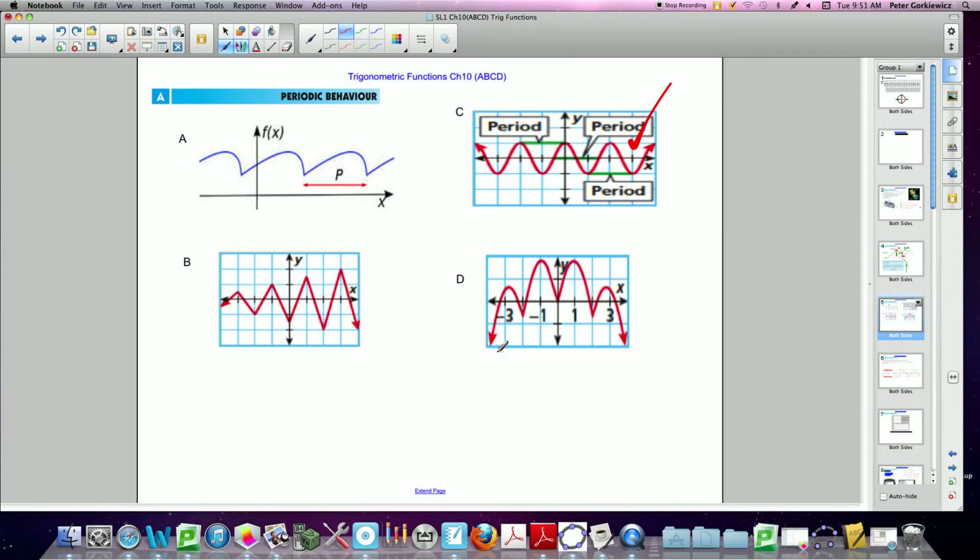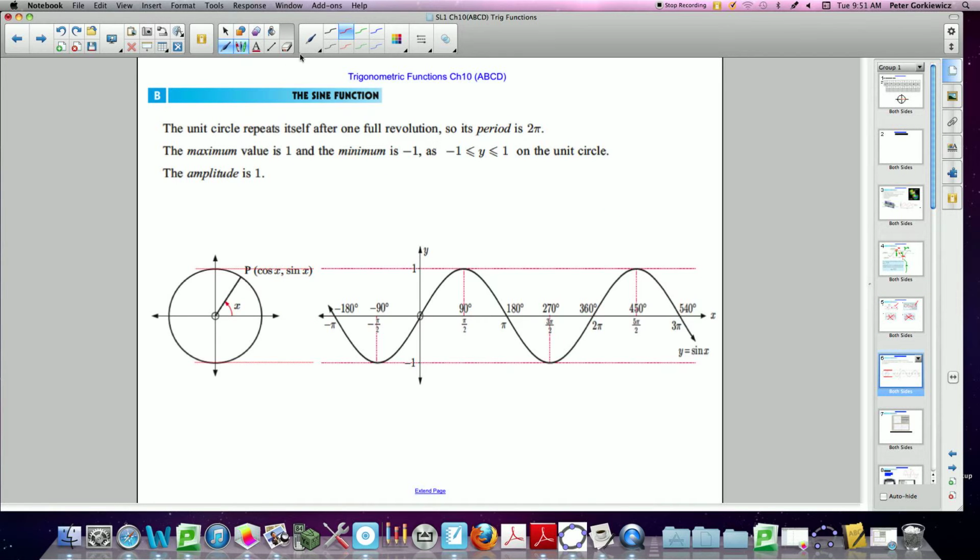This is not periodic, or at least we don't have enough information. Same thing here. This, from what we see, is not periodic just because it's changing little by little. This, even though it has some of these little jaggedy points, is repeating. The pattern's repeating over and over again, so this guy's periodic. Cool? Great.